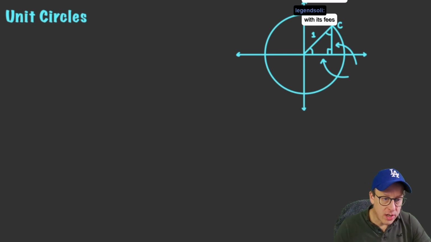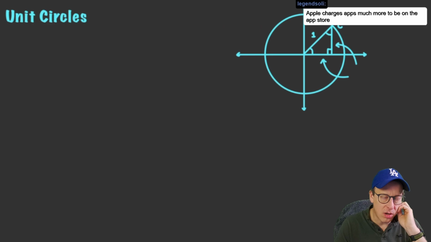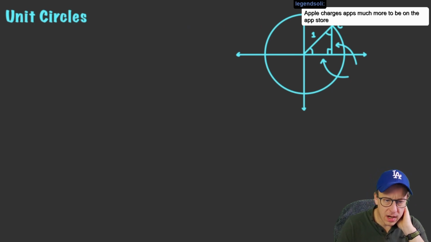In this situation with a unit circle, both our angles are going to be either 45 degrees or pi divided by 4, and both the legs are going to be 1 divided by the square root of 2, or the square root of 2 divided by 2. So let's label some of these different points here.